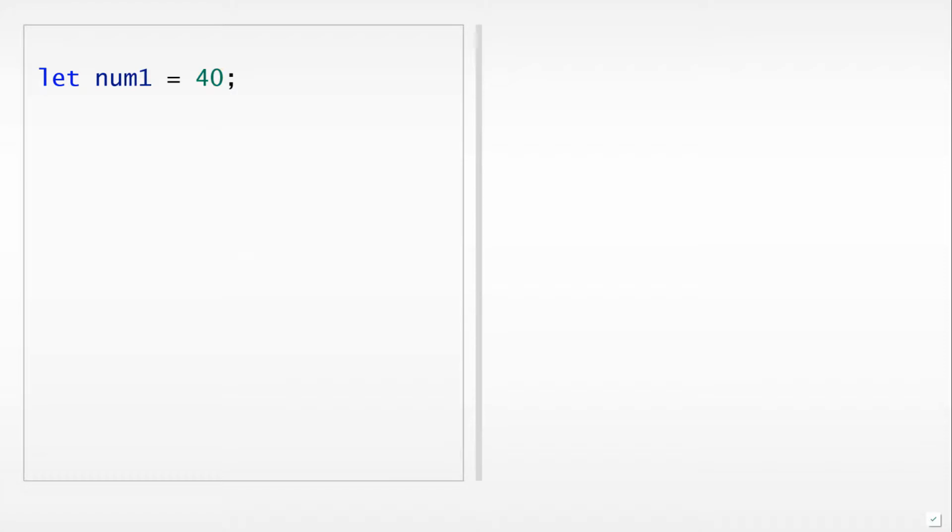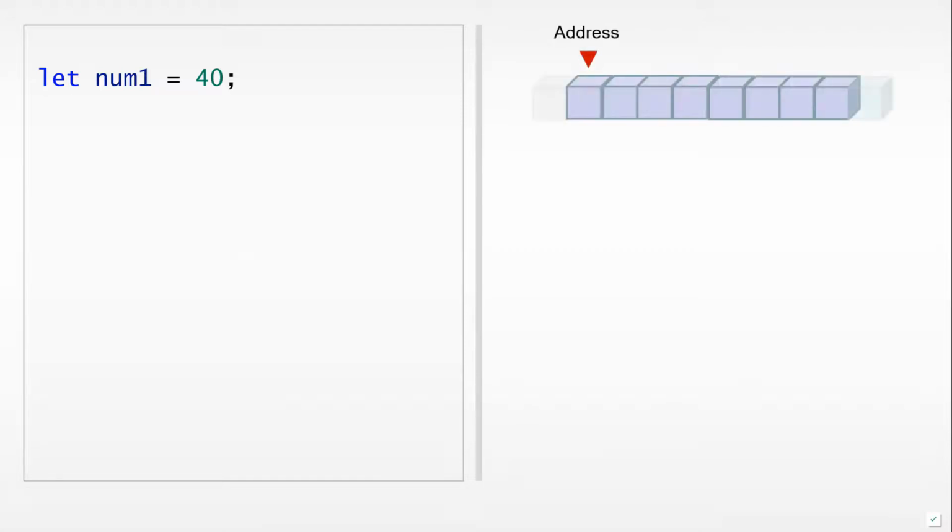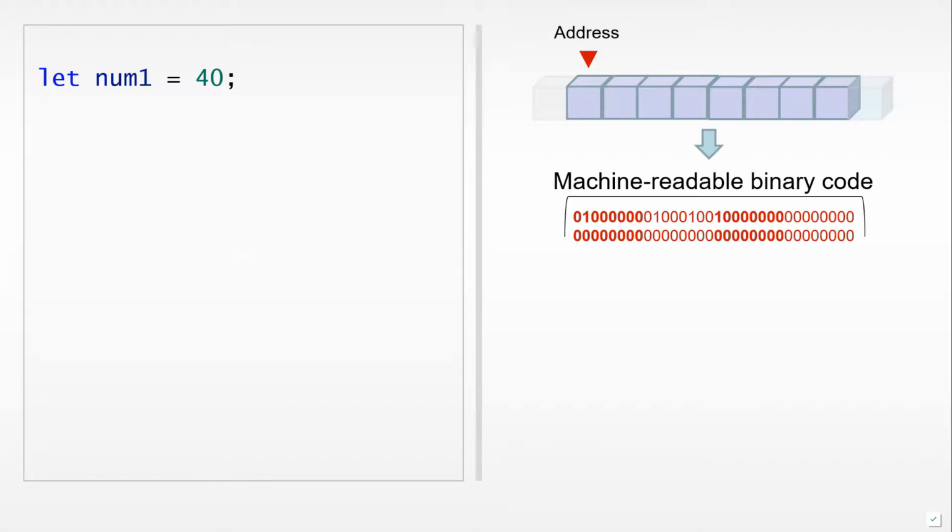If we want to dig just a little bit deeper and understand better what happens when we enter a value 40 and assign it to a variable, there would be an address in memory, and then 8 bytes of data would be allocated so that we can save this number.